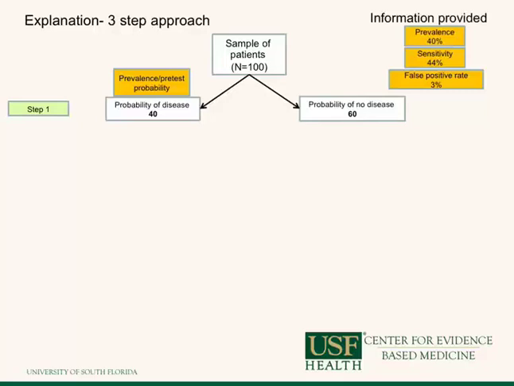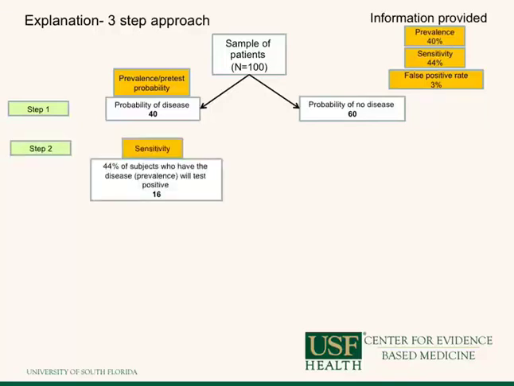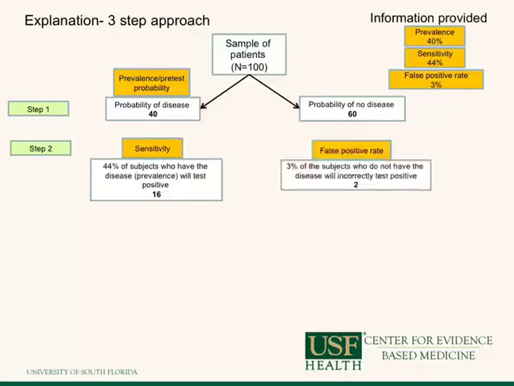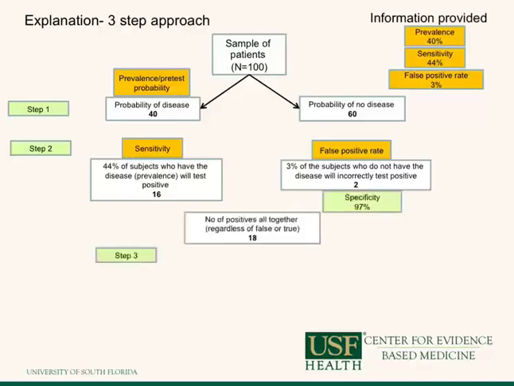Okay, sensitivity 44 means 44% of these people will be correctly caught by the test, so 16 people will be correctly classified as positive. And with a false positive rate of 3%, 3% of 60, 2 people will incorrectly test positive. So 16 plus 2, 18. All right, 18, all the positives.